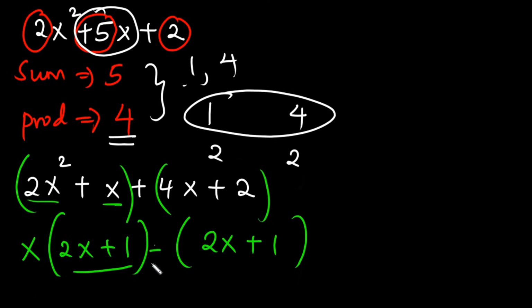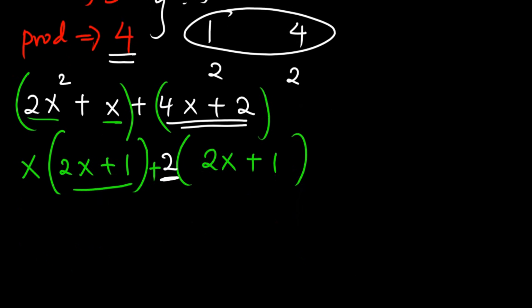Okay? And then we now ask ourselves, what number do we multiply this bracket with to get this? Just try to figure it out. It turns out that we are going to multiply this by 2. So that we are going to have 2x by 2 is 4x. And then 2 times 1 is 2.